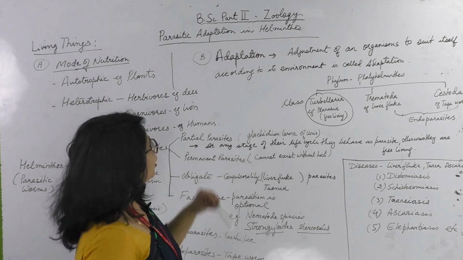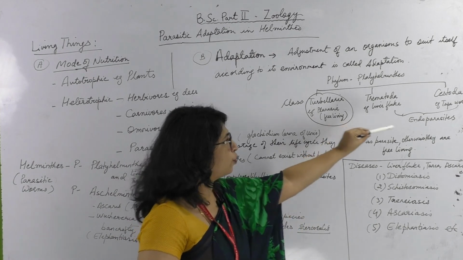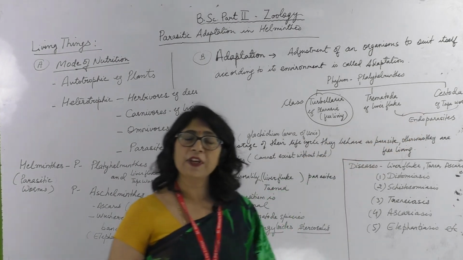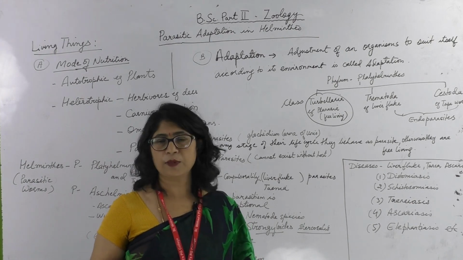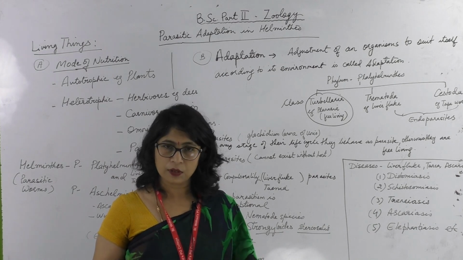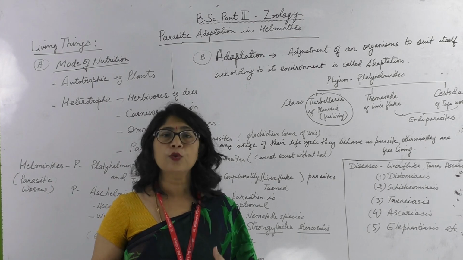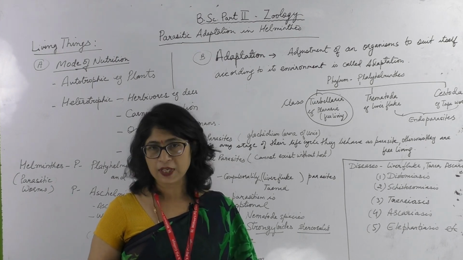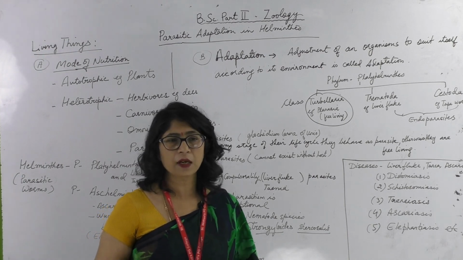Now, when we are talking about adaptation in helminths, we know that liver fluke and tapeworm live inside the host. So, in order to sustain themselves, in order to remain inside the host, they are required to make certain adjustments in themselves. Now, what are these adjustments, we will be discussing.